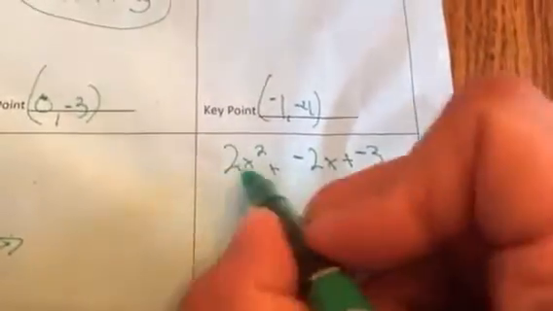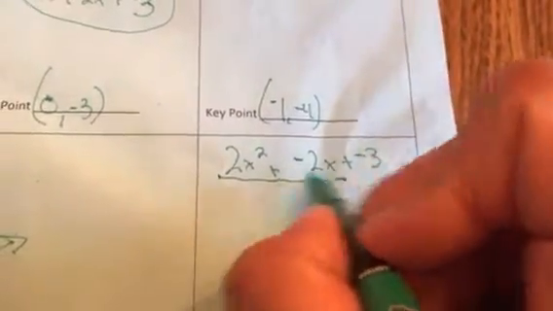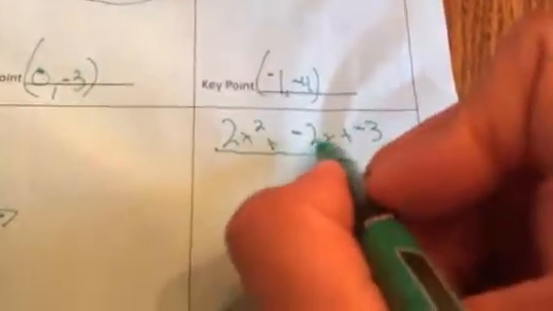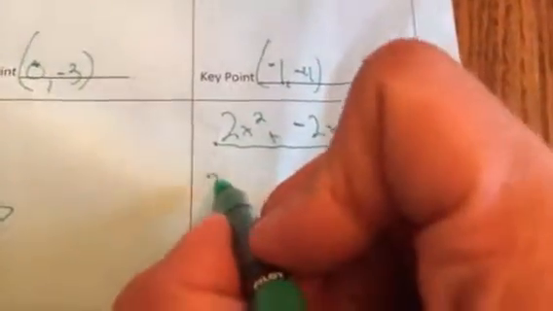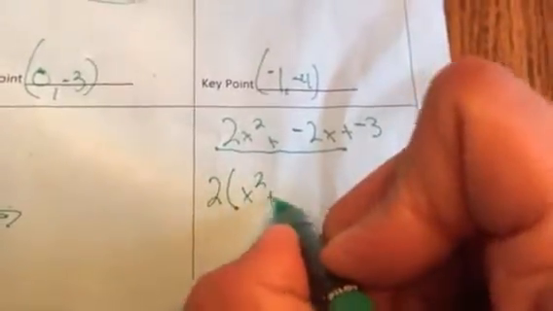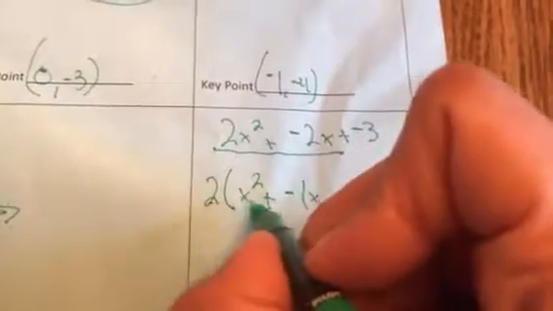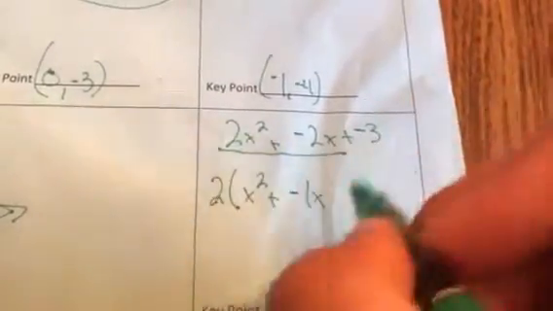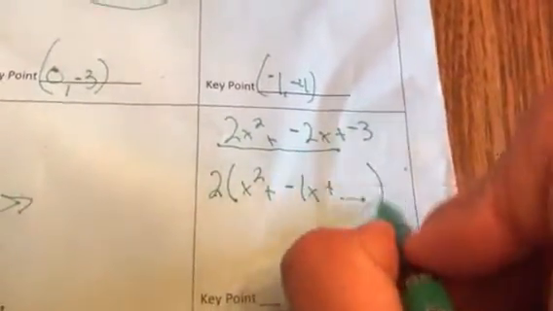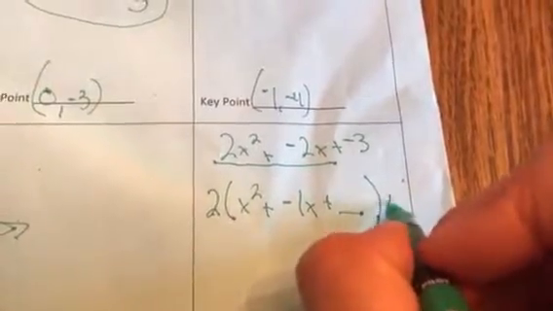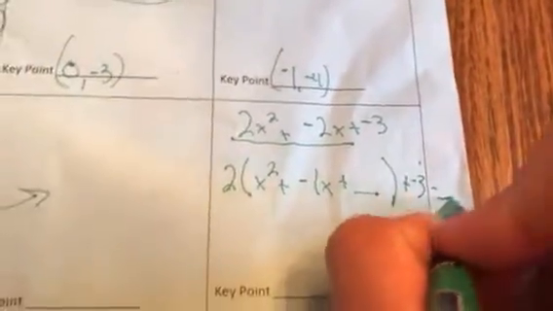To complete the square, I need to group my x's, but when I group these x's, I'm going to pull the 2 out of here, which means I need to factor a 2 out of there. So that gives me a negative 1x. So 2 times this is this, 2 times negative 1 is that. There's my blank for completing the square. And there's my subtraction for when I'm, sorry.